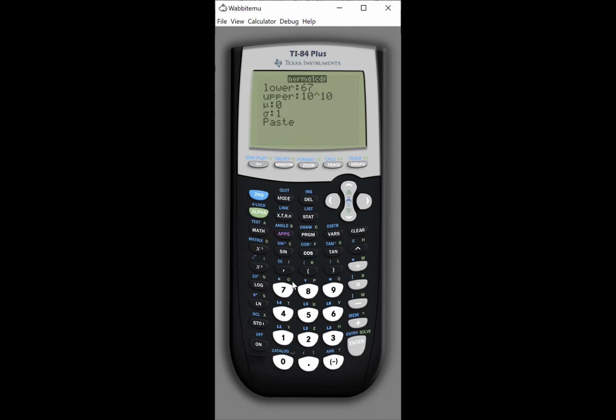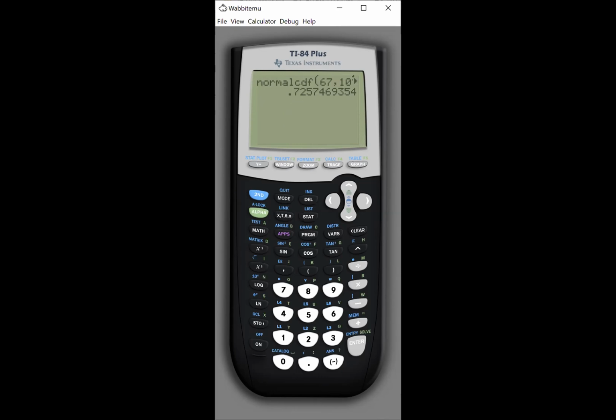Then mu, which is equal to 70, and sigma, which is 5. Then you go to paste and hit enter, and you should get exactly the same answer that I did before. Any questions in regard to how to deal with a TI-83 or 84?